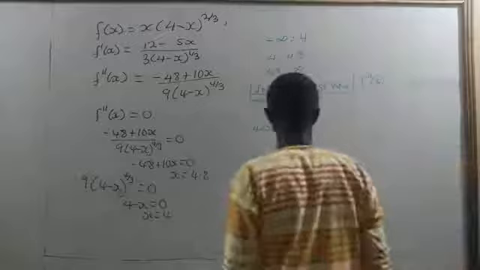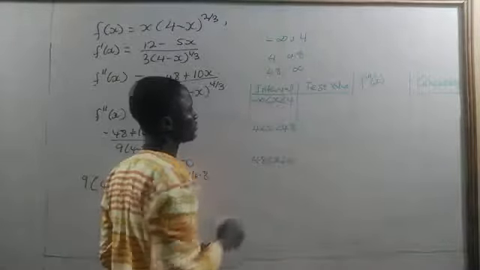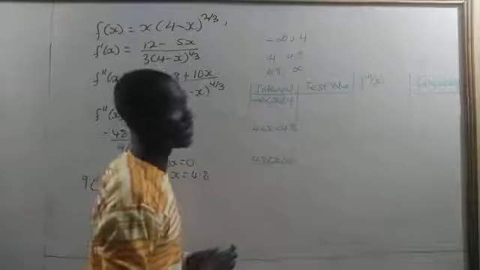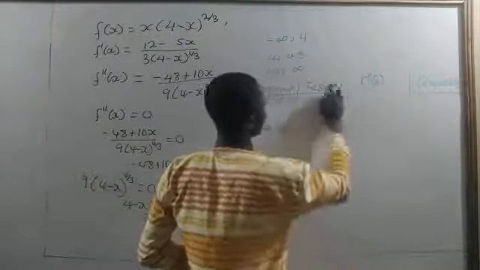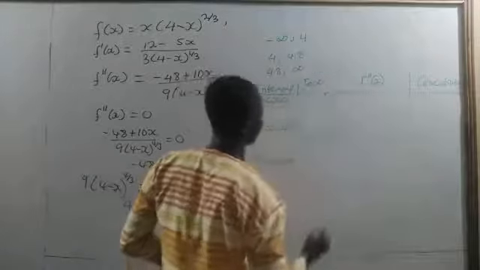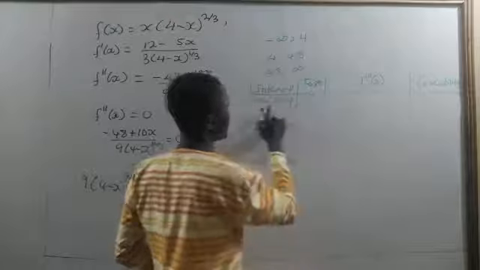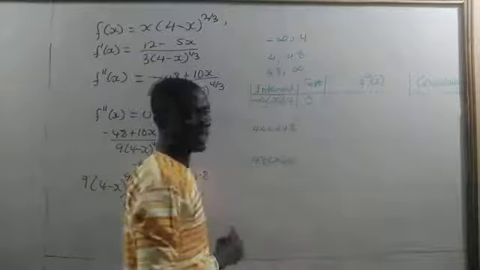Okay, so let's see. If we look at this interval, we can have 0 there. So let me make this one very small. Test value. So there's 0 within this interval, so I'll use 0 to test.